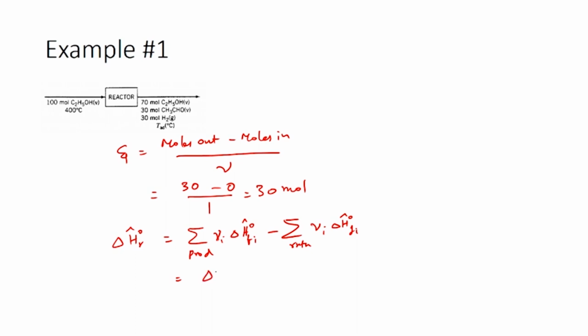So, you would have stoichiometric coefficient of acetaldehyde, CH3CHO, times the standard heat of formation of acetaldehyde, minus stoichiometric coefficient of ethanol times the standard heat of formation of ethanol.